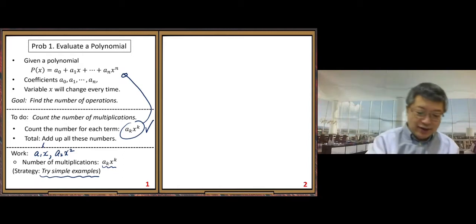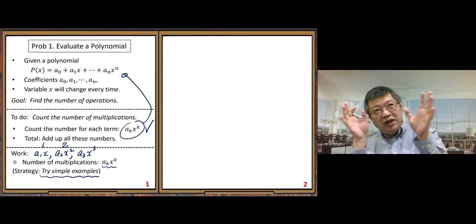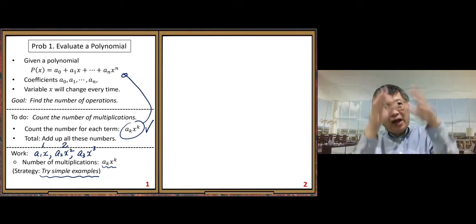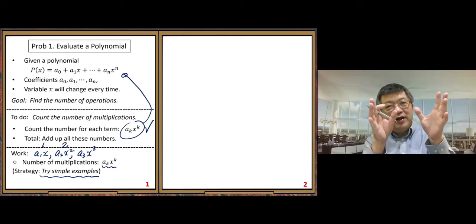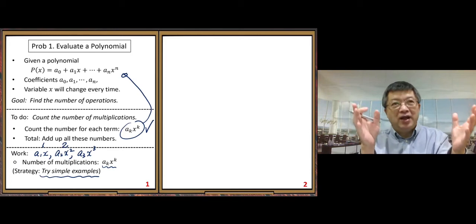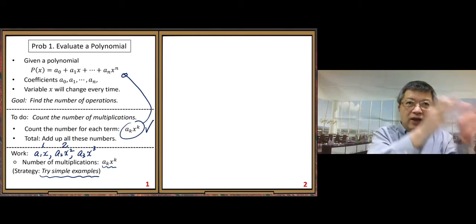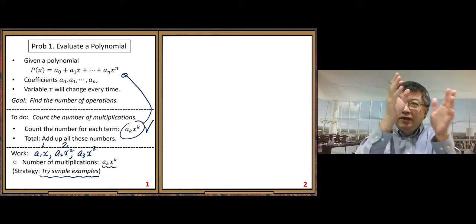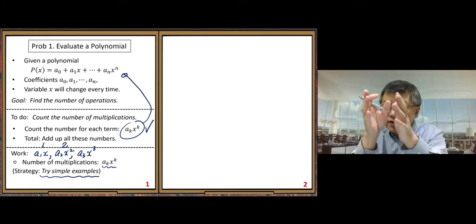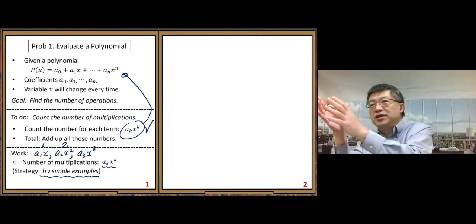So here you need to use 2 multiplications. Let's do one more so we can get an idea. a3 times x cubed. How many multiplications do we need to calculate this term? You can see 3, because a3 times x times x times x.